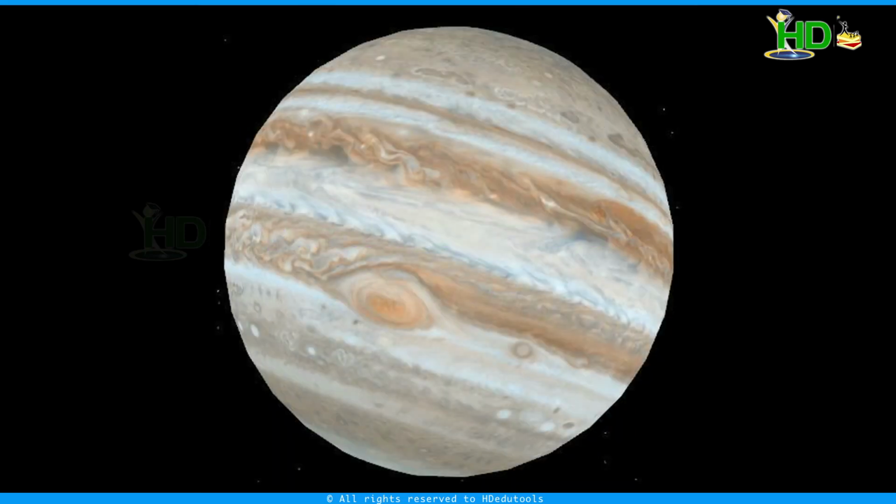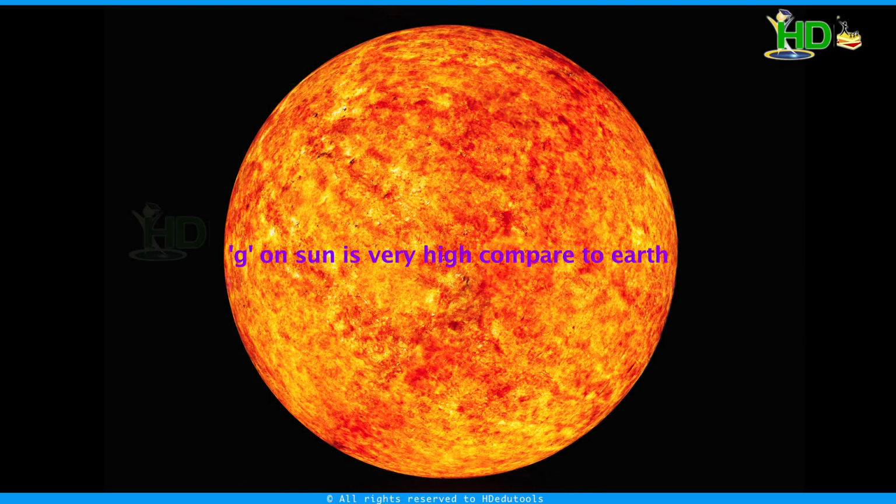If you go to Jupiter, the mass and radius of Jupiter are more compared to Earth. Therefore, the acceleration due to gravity on Jupiter is more compared to Earth. Then what about the Sun? The Sun is very large compared to Earth. Therefore, the value of acceleration due to gravity on the Sun is very huge compared to Earth.